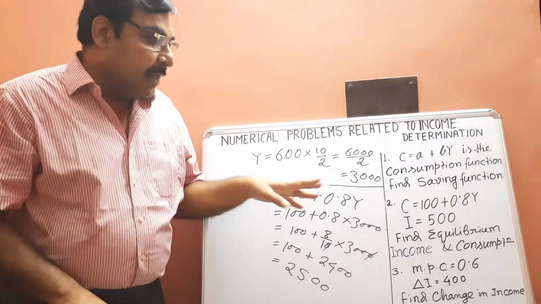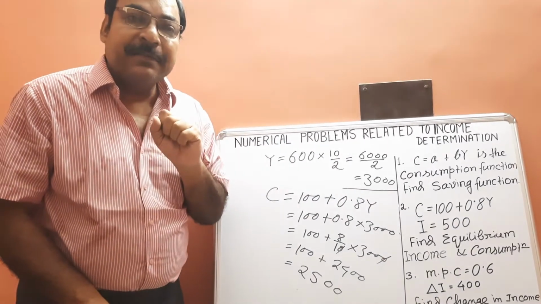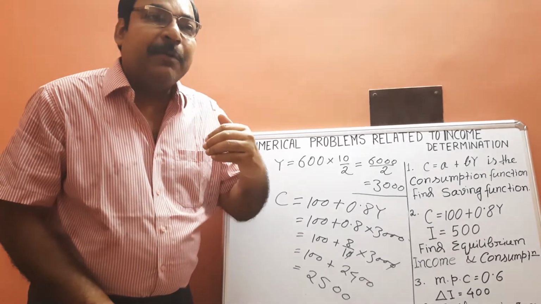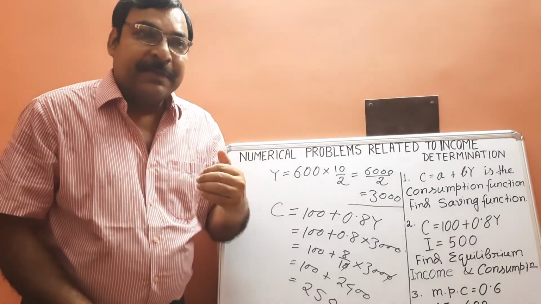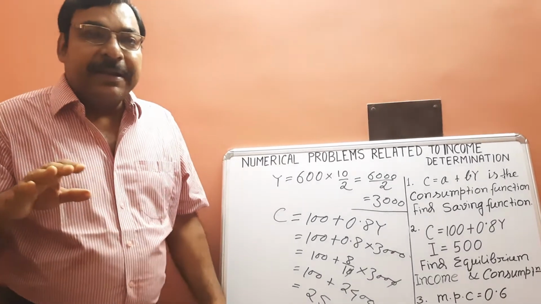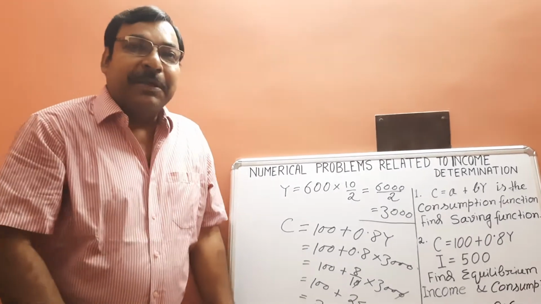If instead of the consumption function, you are given a saving function, then you need not start with the equilibrium condition AD equals AS. Because we know it well, when there is equality between aggregate demand and aggregate supply, at the same time there must be saving investment equality.